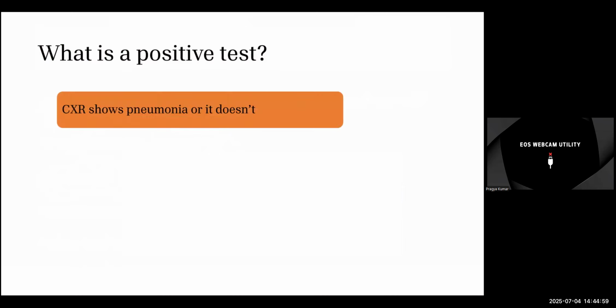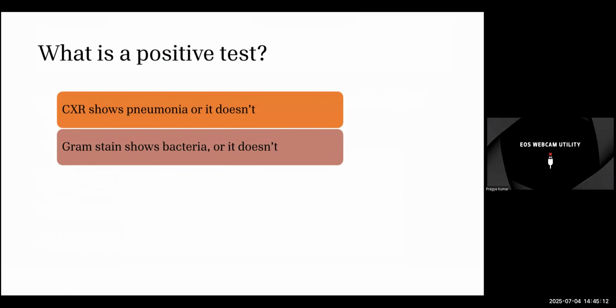So what is a positive test? A positive test is like, if some disease is actually there, and your chest x-ray shows that pneumonia is there or not there. Against some gold standard, your test should show whether the person has the disease or not. Suppose there is a gram stain, we say that the bacteria is there.